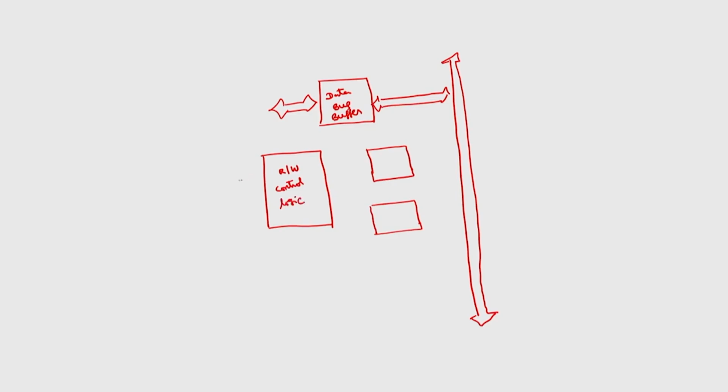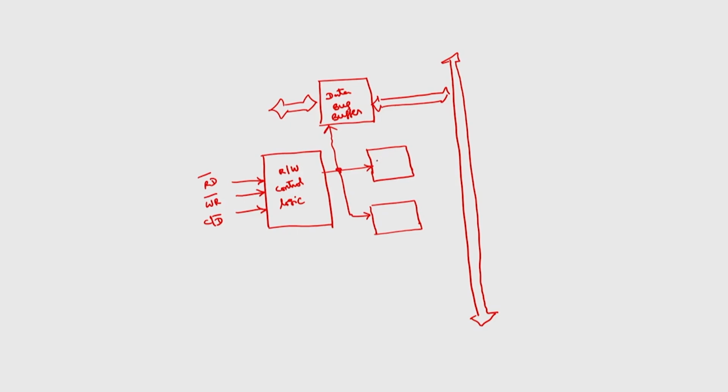The remaining signals I am not going to discuss here. I am going to discuss only three signals: read bar, write bar and C by D bar. So, this will go here, here or here. It will be decided by these three signals.